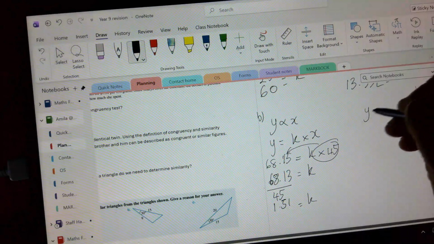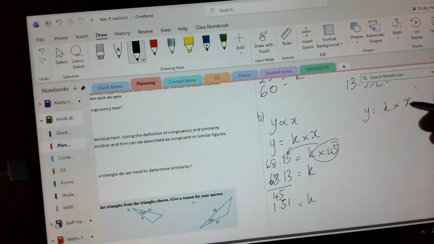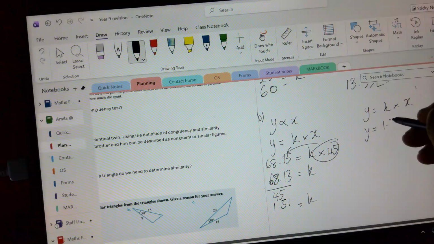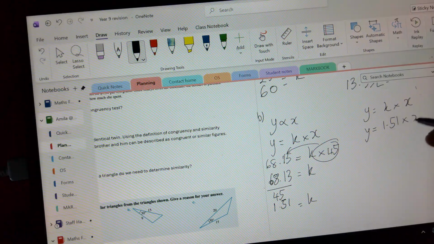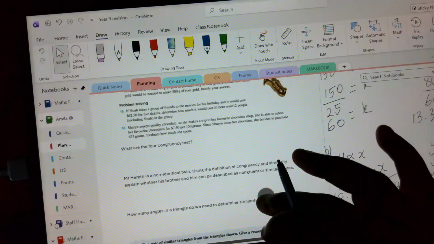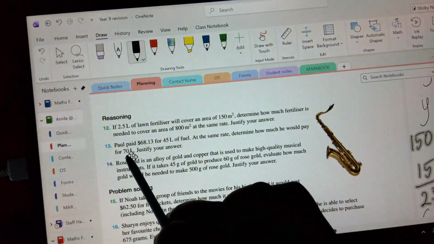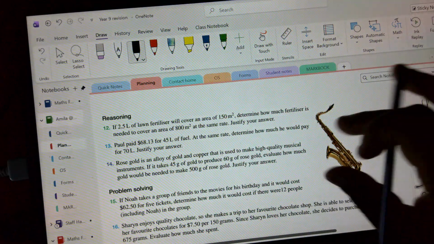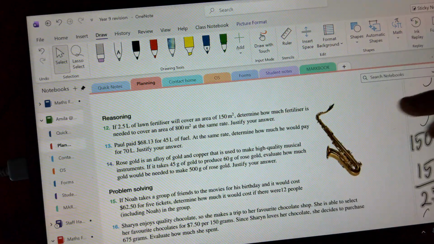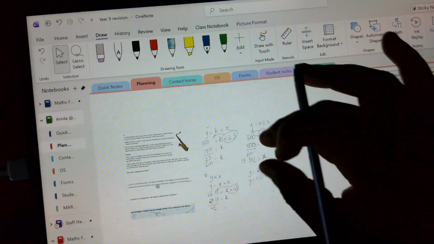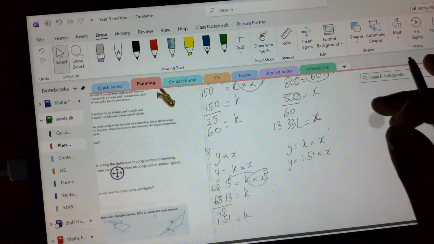So I know that y equals k times x, y equals 1.51 times x. Let's see how much. It says here I'm putting 70 liters into the car, so let's zoom back out, come back here.